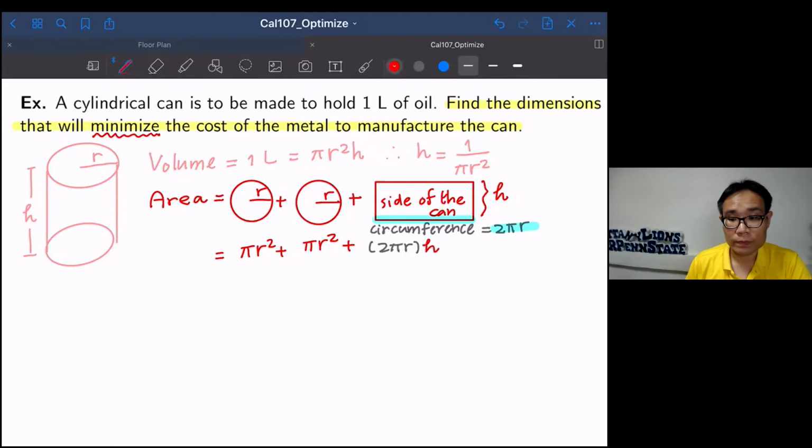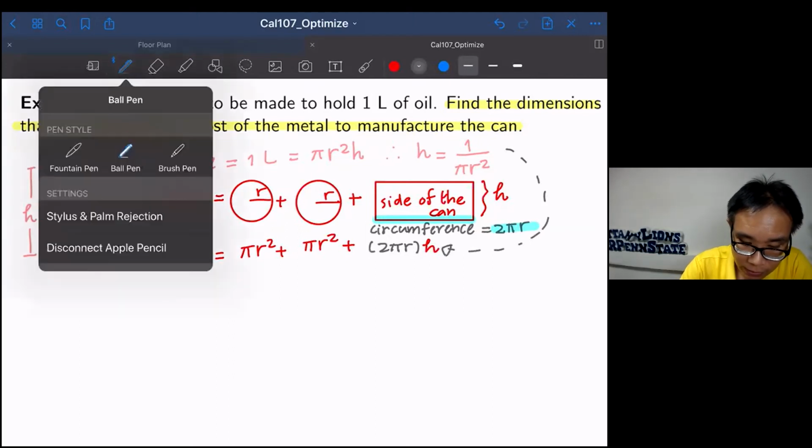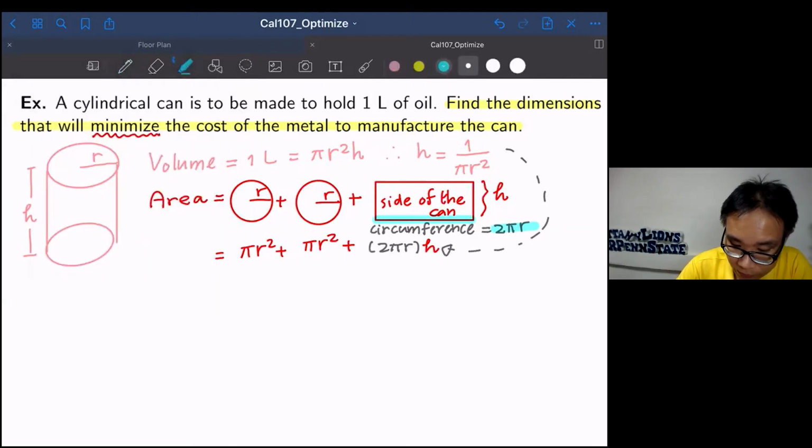which is going to be 2 pi r multiplied with h. Okay, so in this case you'll be able to plug in h equal to 1 over pi r square. Okay, so you'll be able to plug in this h.